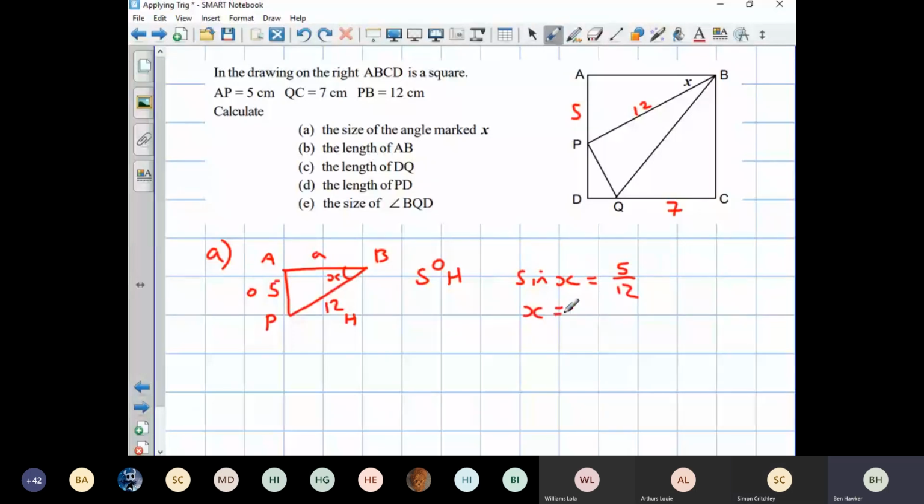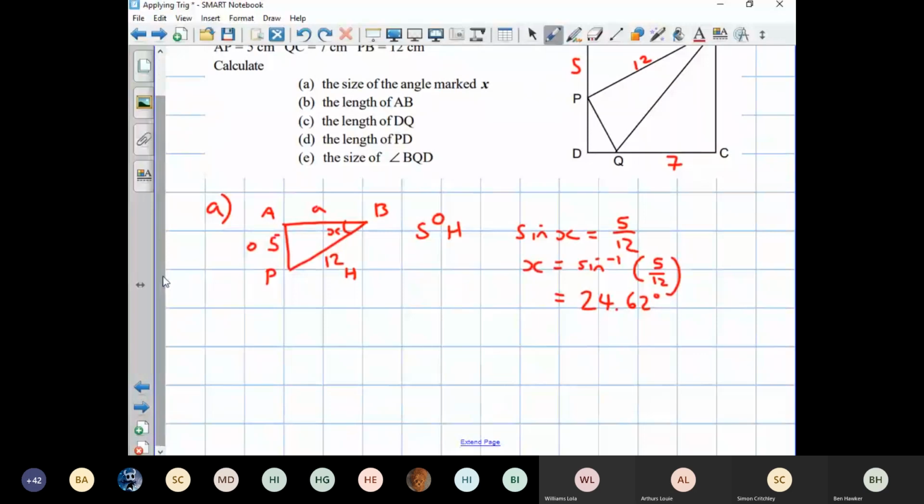Therefore, X is going to be equal to the inverse sine of 5 divided by 12, which gives us an angle of 24.62 degrees. Okay, so we've just got to identify our right angle triangle and go from there. Okay, let's have a look at part B. So this time we're looking at AB.